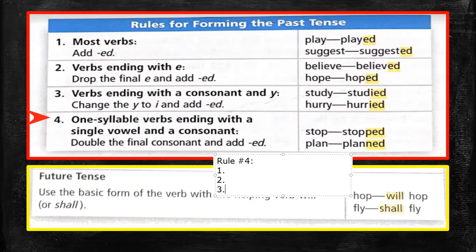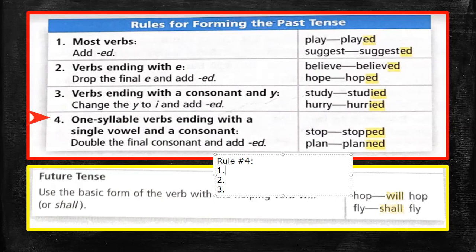If you have a verb that ends with X, then you would have to follow rule number 1. If it ends in consonant and Y, then we have rule number 3. But if it ends in vowel and Y, again, you are going to use rule number 1.